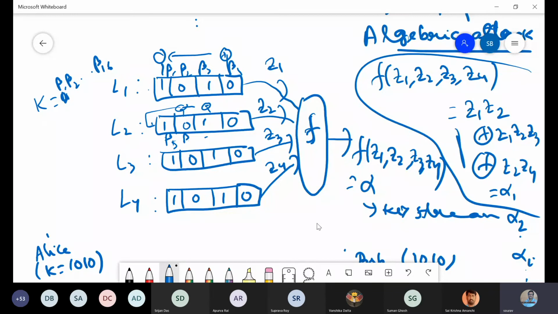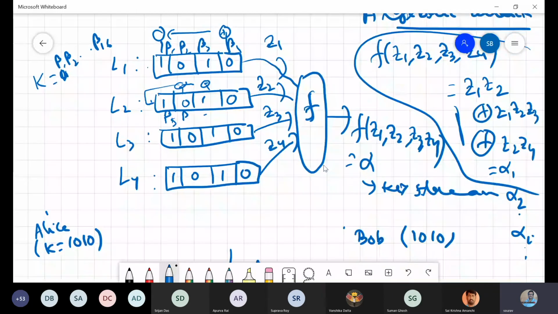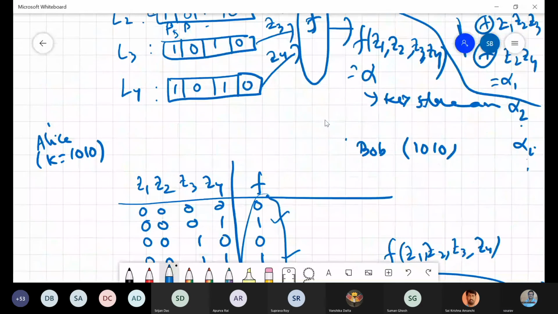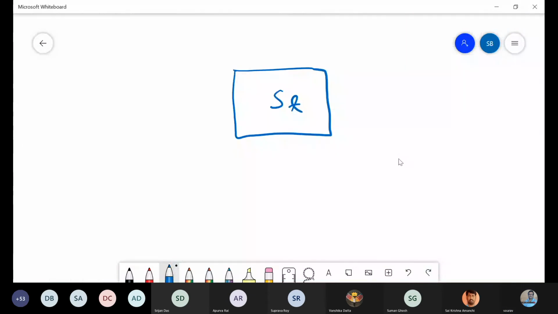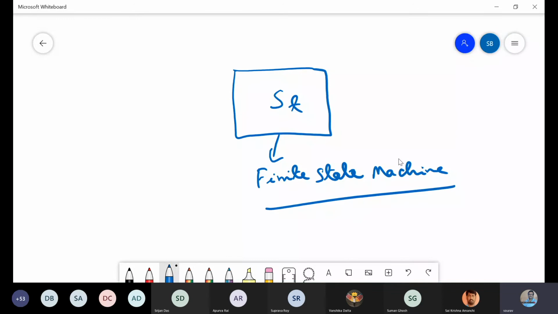So let me go to the general structure. Basically we have a finite state machine. Why finite? Our computer cannot understand infinite, so we have a register.